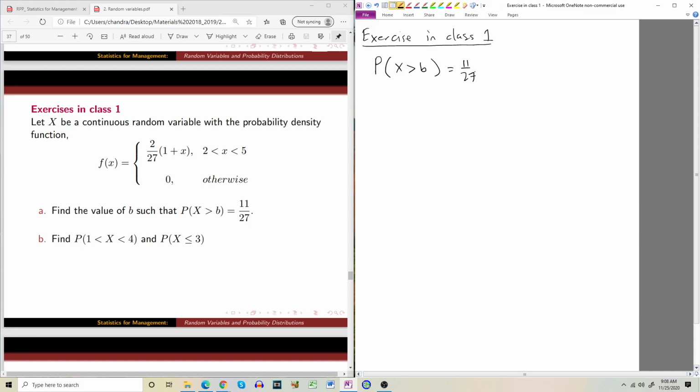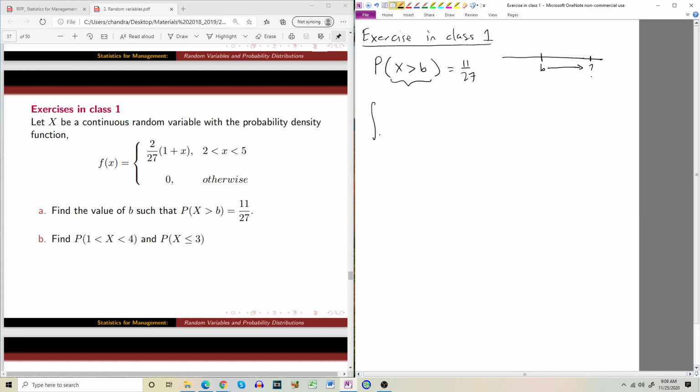11 over 27. Now normally here there will be two values, so that when you integrate you will put two values here, but in this case we only have one value, which means, let's say b is here and the smallest value is b, and the x goes greater than b all the way. So up to which value do you have to stop?